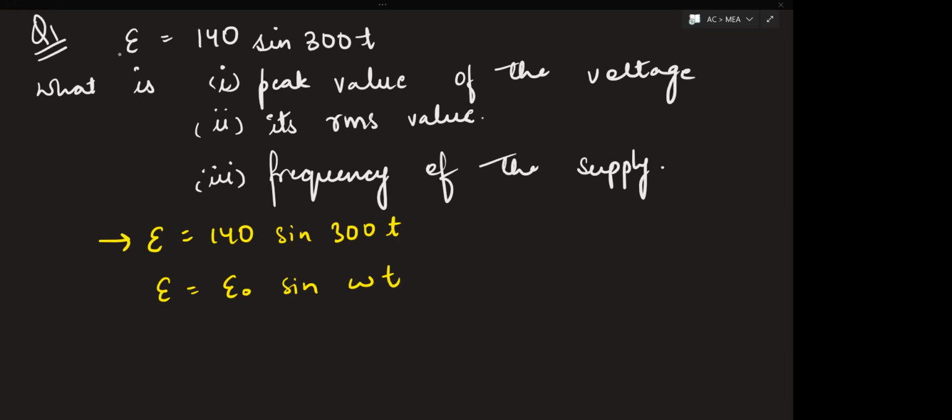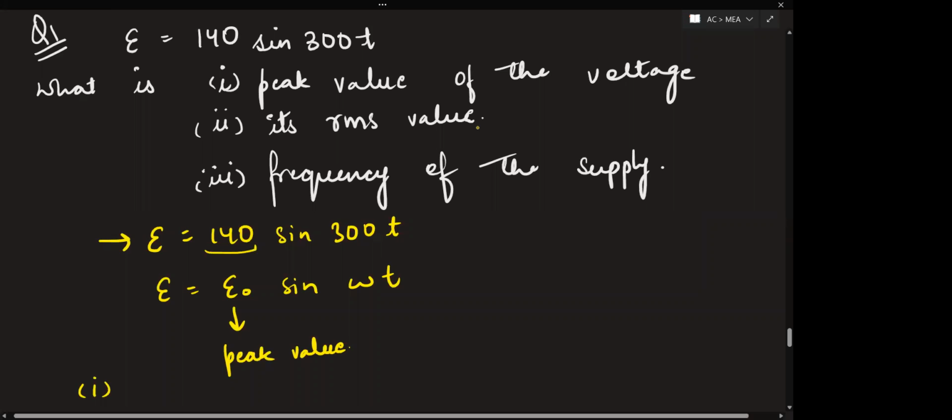Yes, Samaya. Perfect. Because E naught is the peak value, and here this is 140. So the answer for the first part will be simply E naught equal to 140 volts.